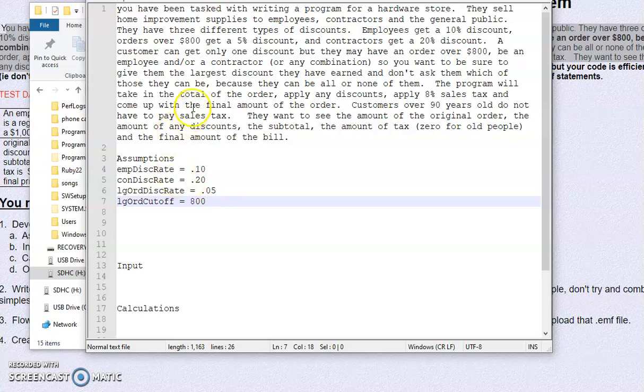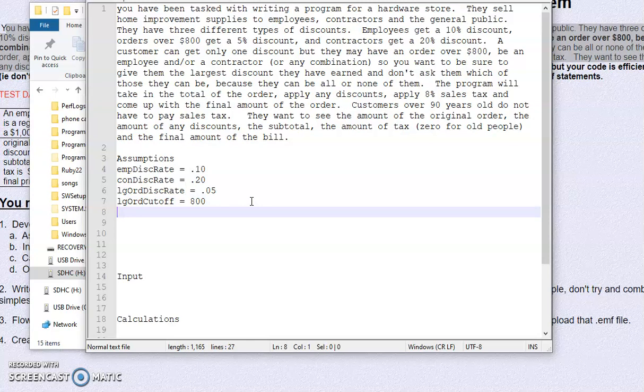What else do we have? And we have an 8% sales tax. So sales tax rate equals 0.08. And then we have a 90-year-old don't pay.